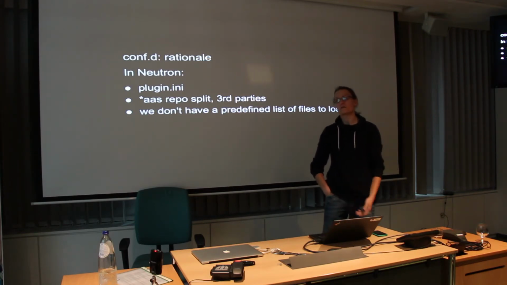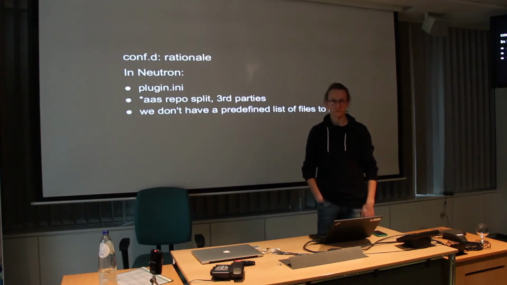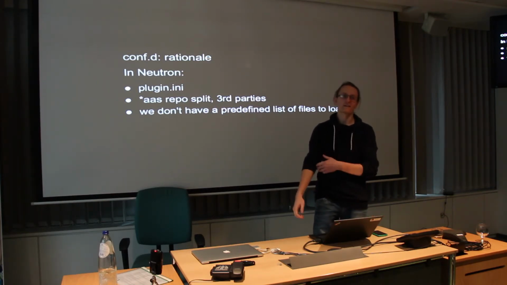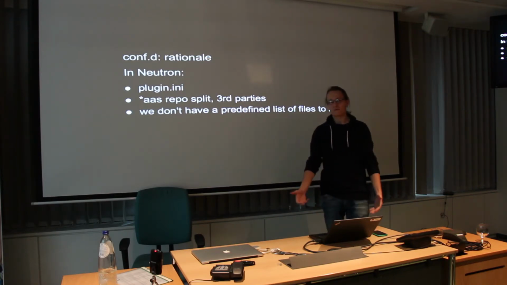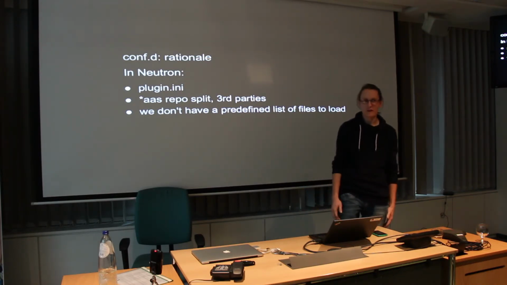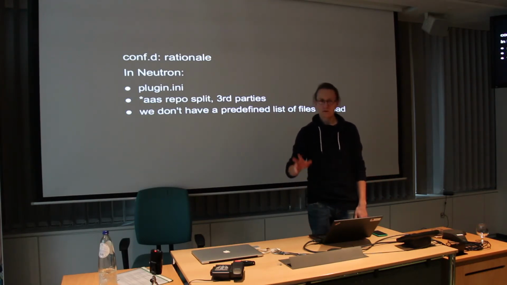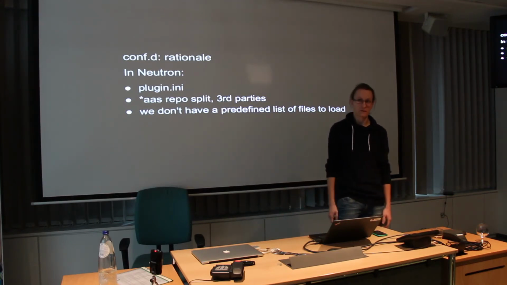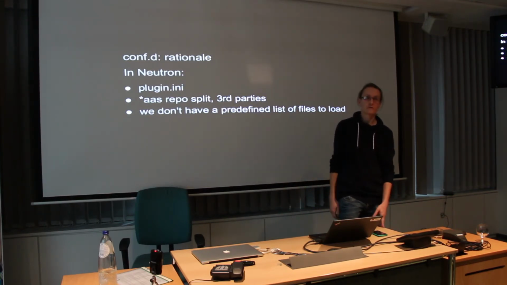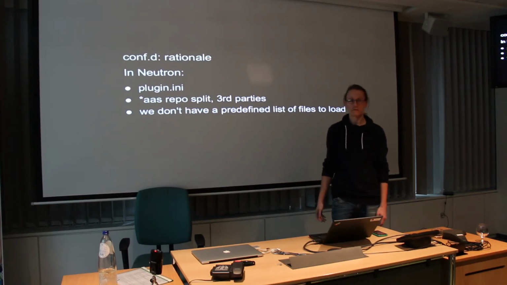But then we again have all those tens of drivers for ML2 that each ship their own configuration options. And again, you don't know which drivers are enabled, and even if you wanted to pass all of them, you don't have the list because some of those drivers are maintained as separate repos. We don't even know about their existence, and we don't know about their configuration files.